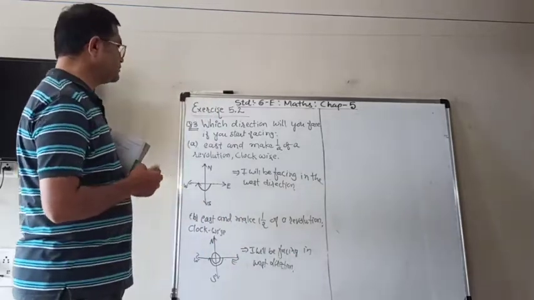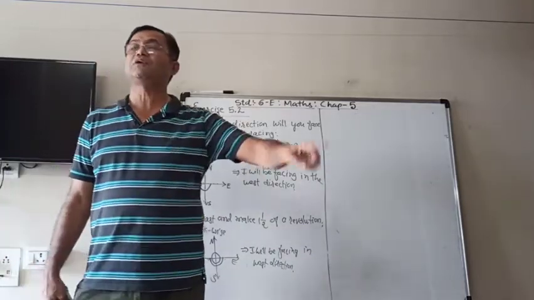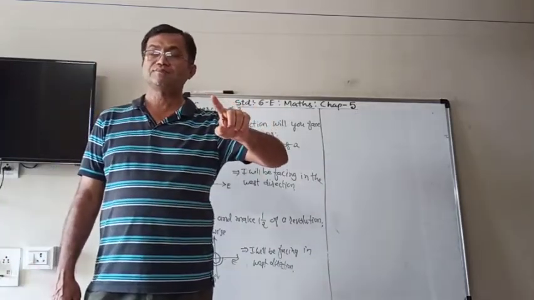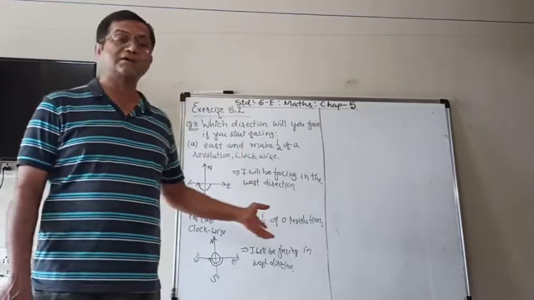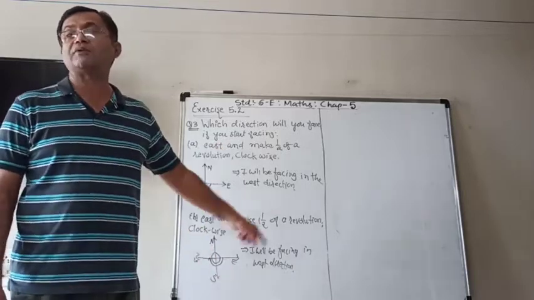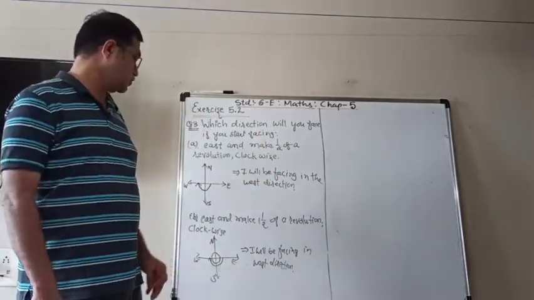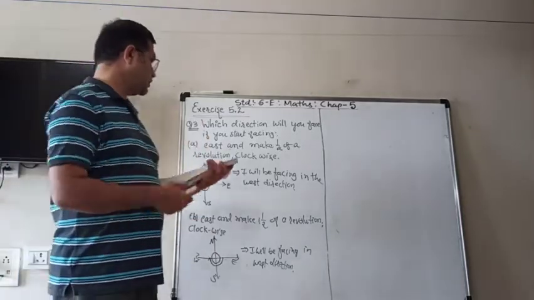That is also the same, it is just made confusing by the 1.5. If you make one full revolution, you come back to the original position, at east again, and then a half revolution takes you from east towards west. So that will be your answer.